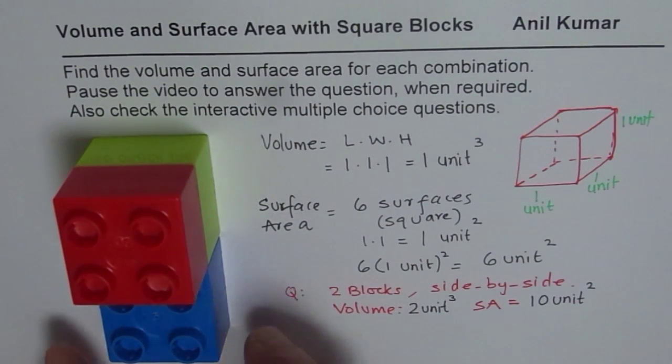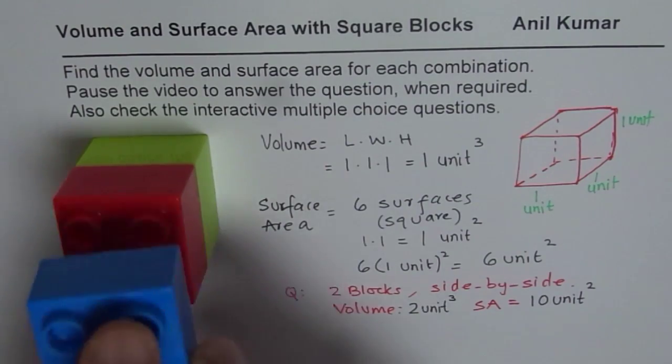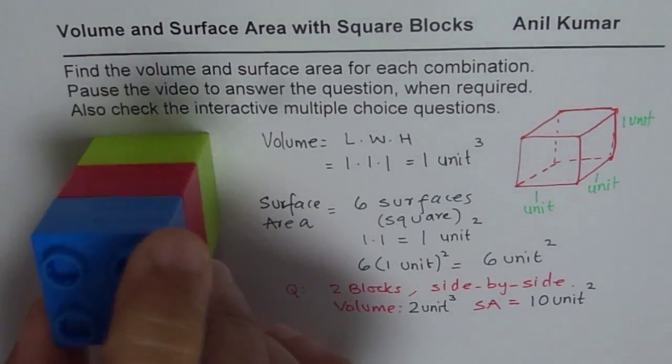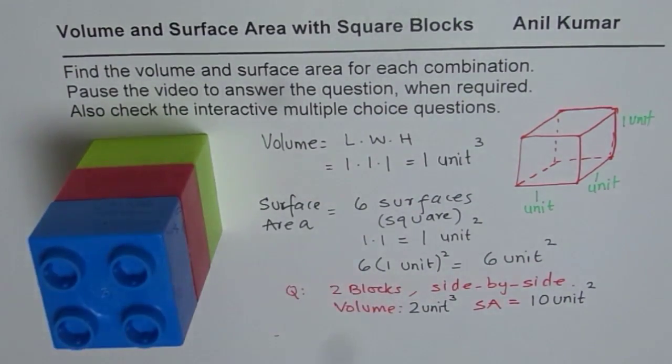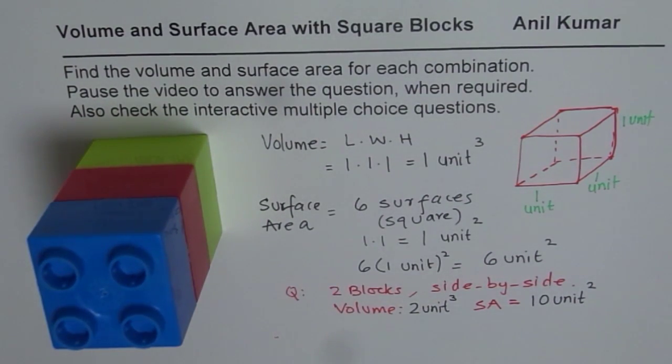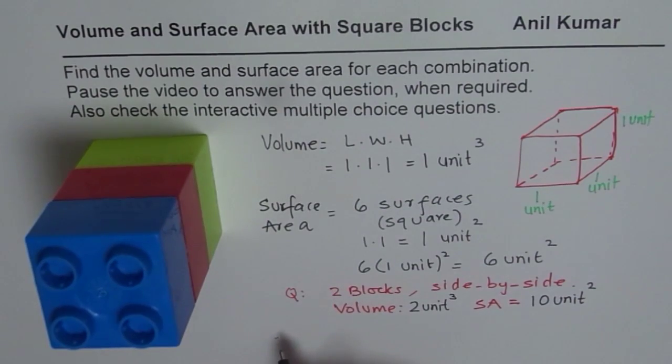And what happens if I change this position to the topmost position? If I press it and keep it right on the top, then in this position, can you tell me what is the volume and surface area now of this set of blocks, which is one over the other, right? So that is your second question, which I'm not going to answer.